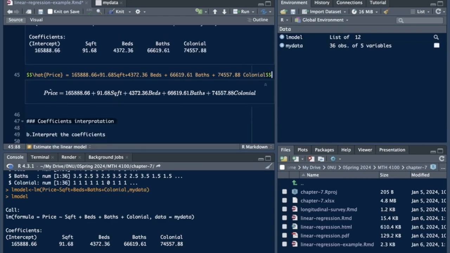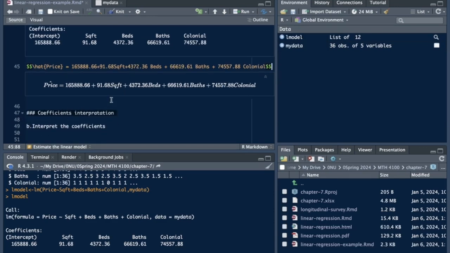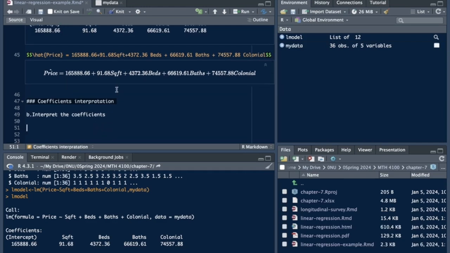Now we're going to move to the second thing: what do all of these coefficients mean? Let's interpret the coefficients. What is 165,888? This is the estimated value of the price when all independent variables are zero, which is like the baseline price of the house when all of the other variables are not considered.